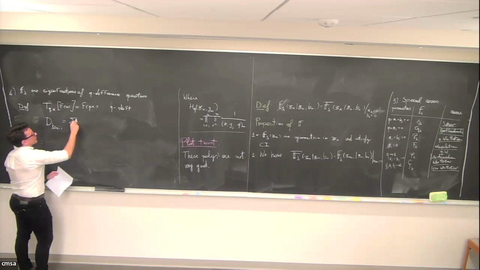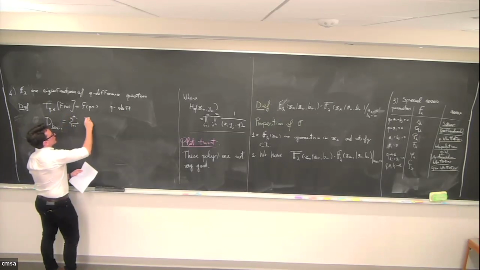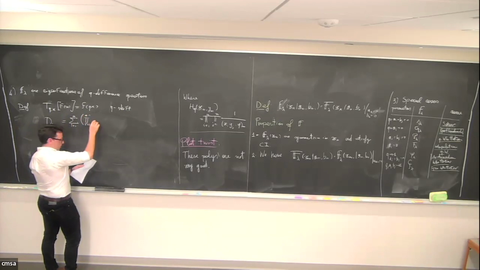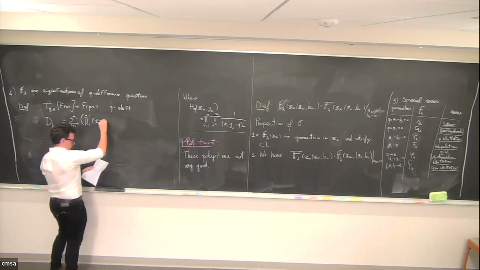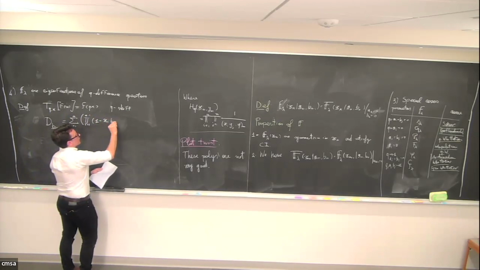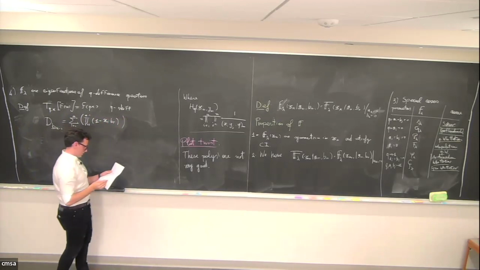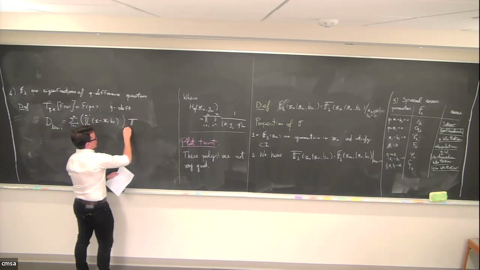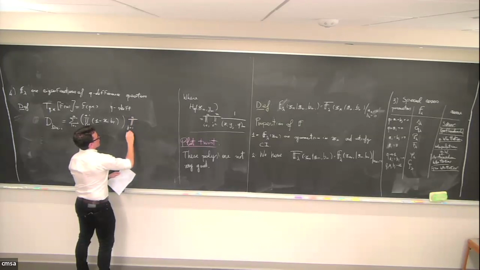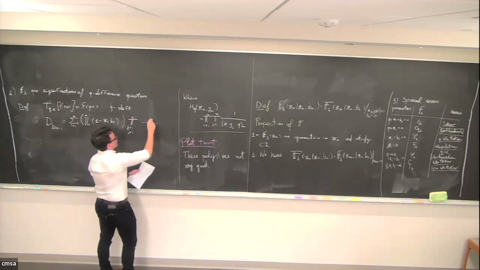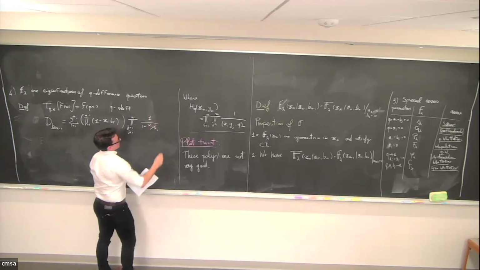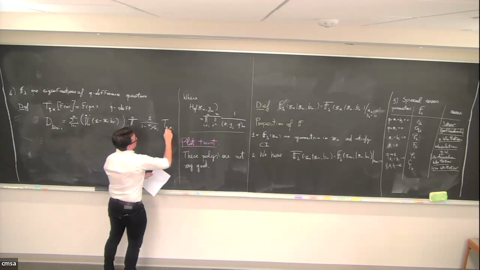So you have a summation i going from 1 to n, a certain product, let's say r going from 1 to n-1, of 1 minus x_i b_r, times a product, since i is already used, j going from 1 to n, j different than i, of 1 over 1 minus x_i x_j, and finally T_q x_i.